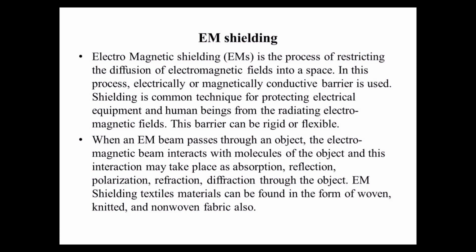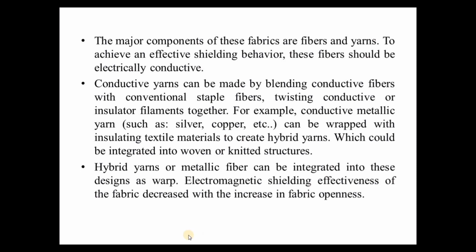EM shielding textile material can be found in the form of knitted, woven and non-woven fabric also. The major components of these fabrics are fibers and yarns. To achieve an effective shielding behavior, these fibers should be electrically conductive.